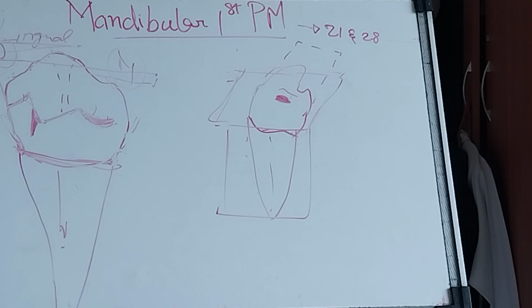Now, if you see the occlusal outline, it is notched by a groove. This groove. Okay, this is a very important characteristic feature of this mandibular first premolar, and this is called the mesolingual developmental groove. I will tell you when we see the lingual surface.